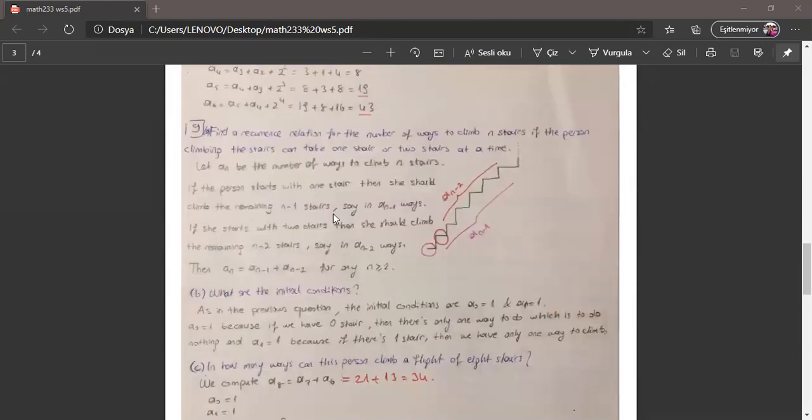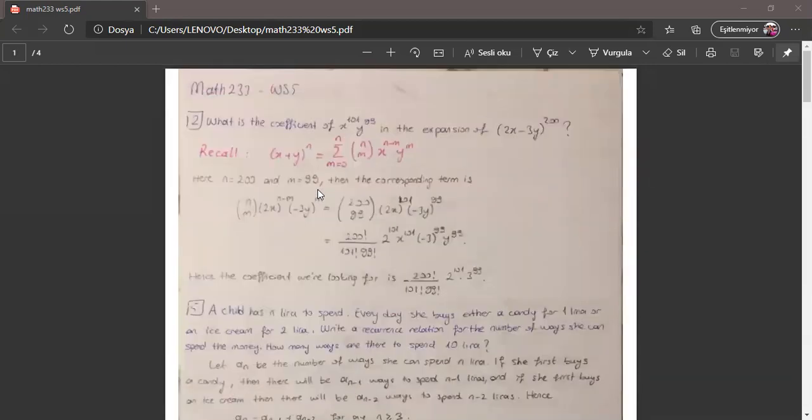And this is another question. This question is similar to the fifth question, I guess.